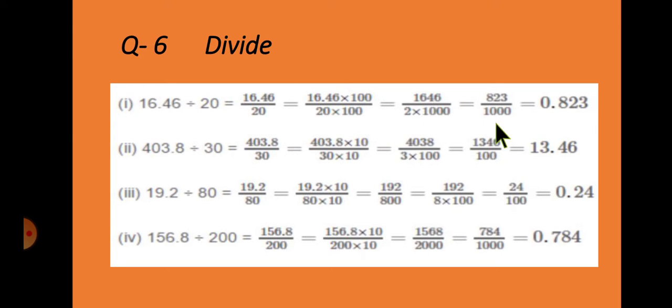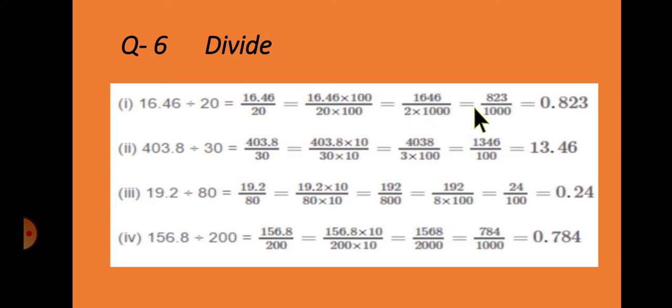Then now our denominator is 1000, so directly we will insert the decimal because in 1000 there are 3 zeros. So when we divide, we will shift the decimal to the left side. There are 3 zeros, so from the ones place we move left 3 digits.